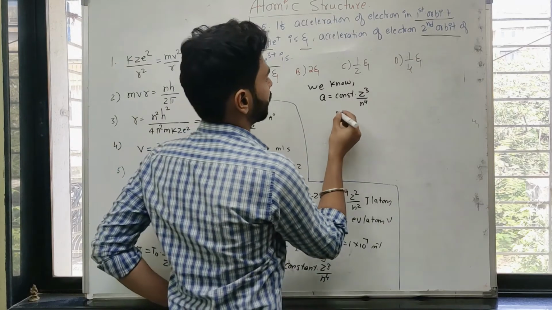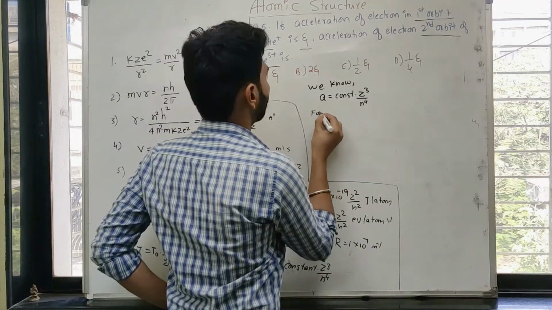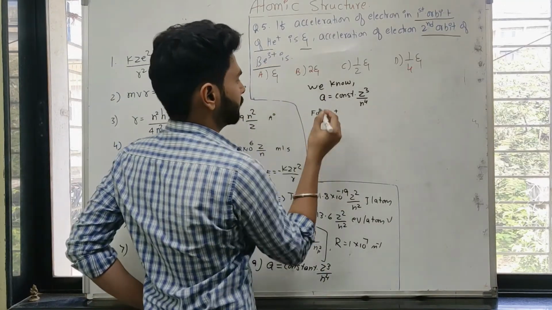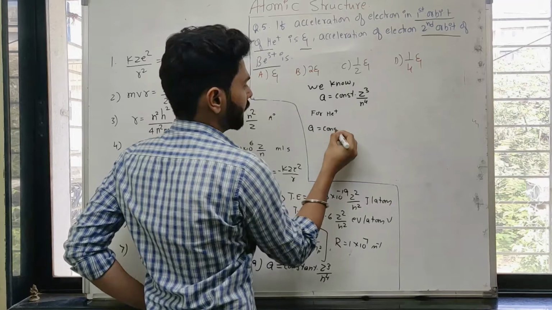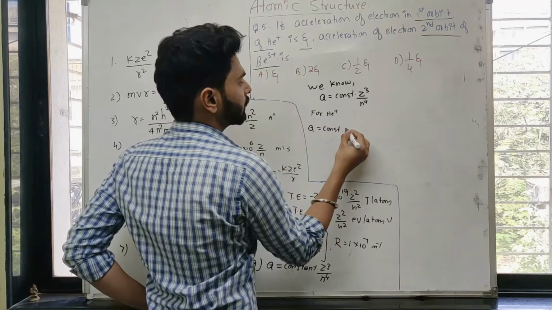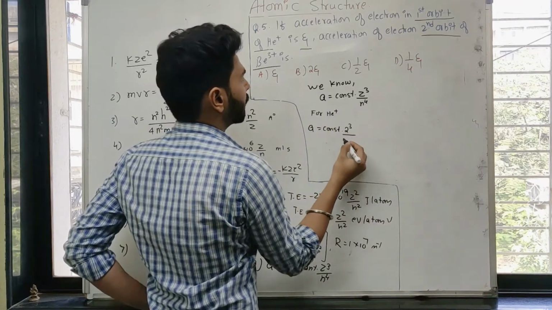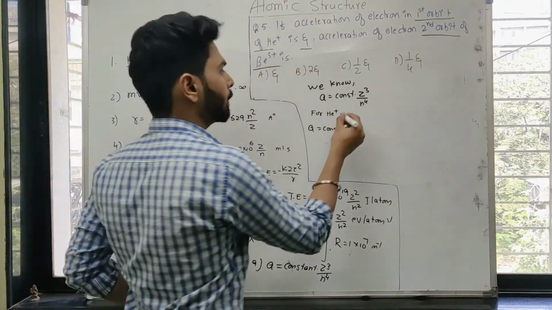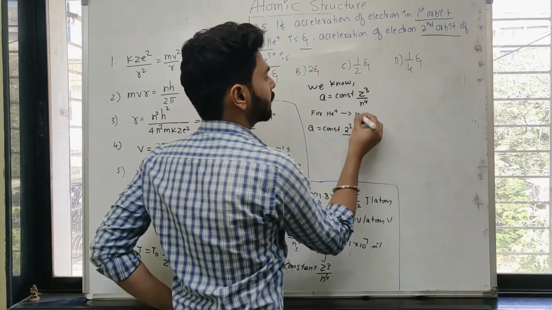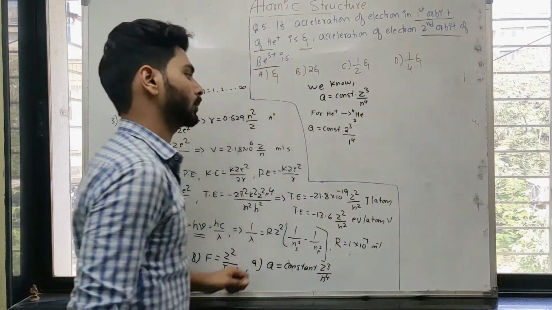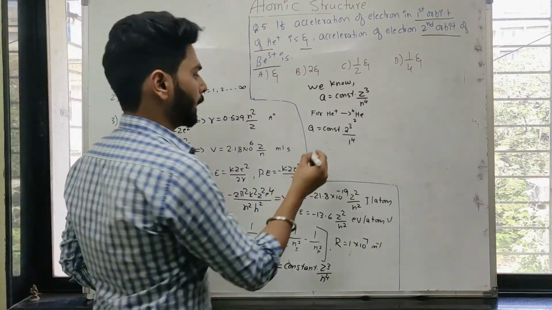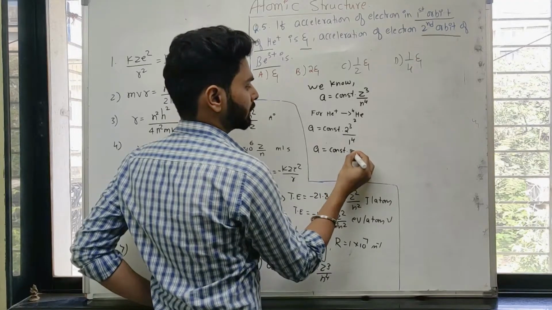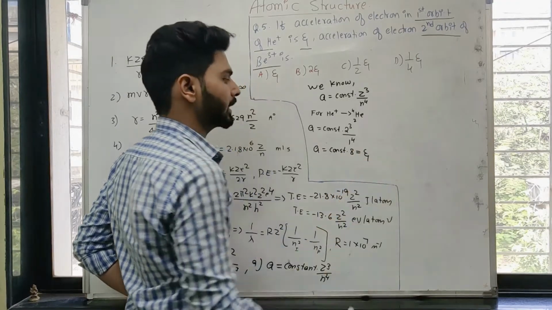Now let us go for helium plus. So for the first orbit of helium, acceleration equals constant into 2 power 3 divided by 1 power 4. Remember helium is actually 2, 4, so atomic number is 2. So acceleration is equal to constant into 2 power 3, which is 8. This is regarded as eta.